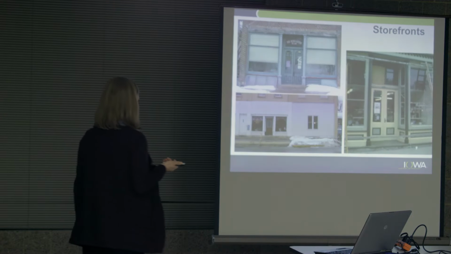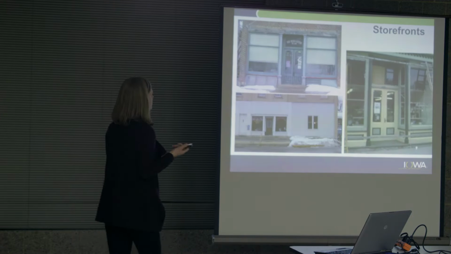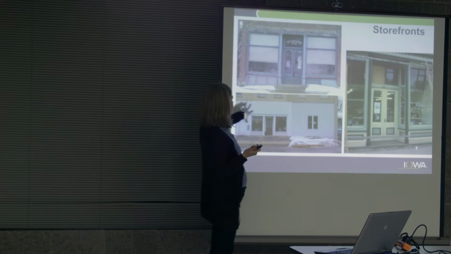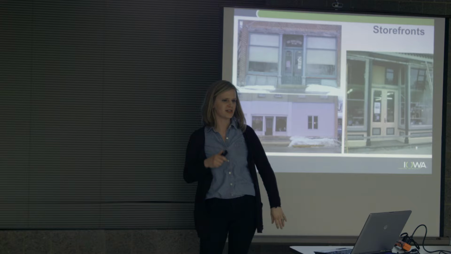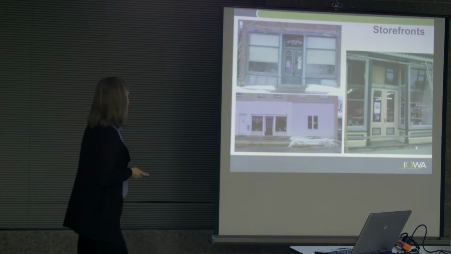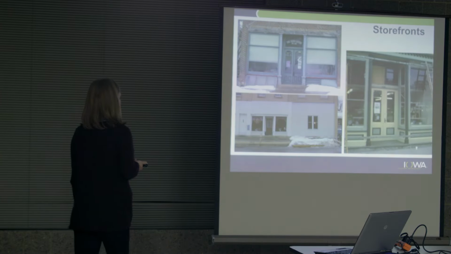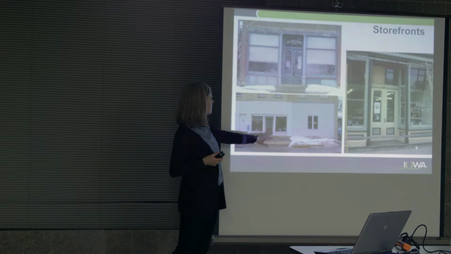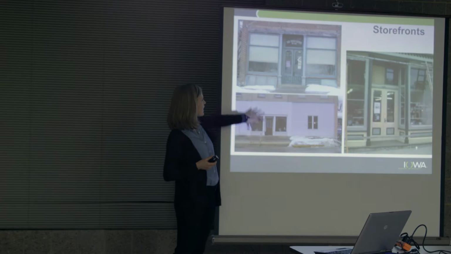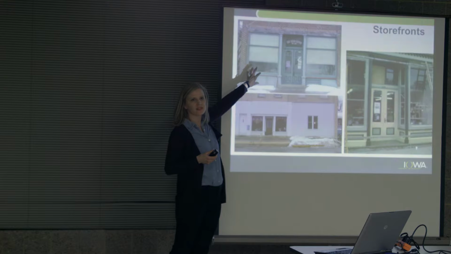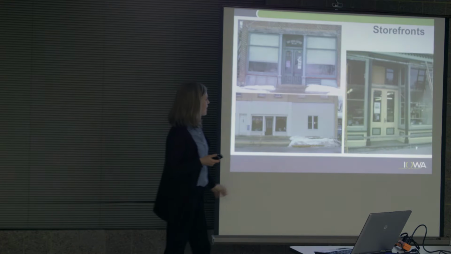So then we get back to storefronts. You can see some of these slip covers that occurred. These ones weren't the early on modernization, but some later alterations. In this one, you can tell that the original columns are here in the storefront windows, so you have an idea that some of this storefront is still there.